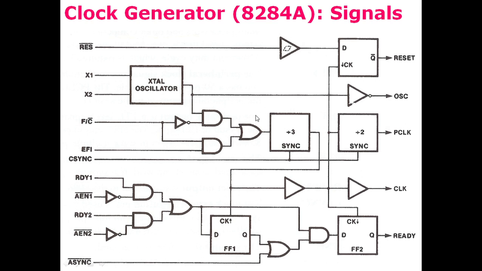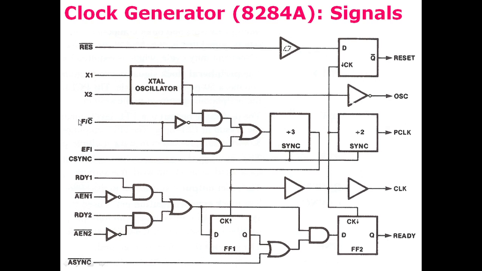So whether the frequency input is from the crystal or an external frequency input is chosen by this input. For example, if F/C is 0, then this one is connected with this, and this one becomes 0 here. There is an AND gate, and as this input is 0, whatever we receive here will be ignored.